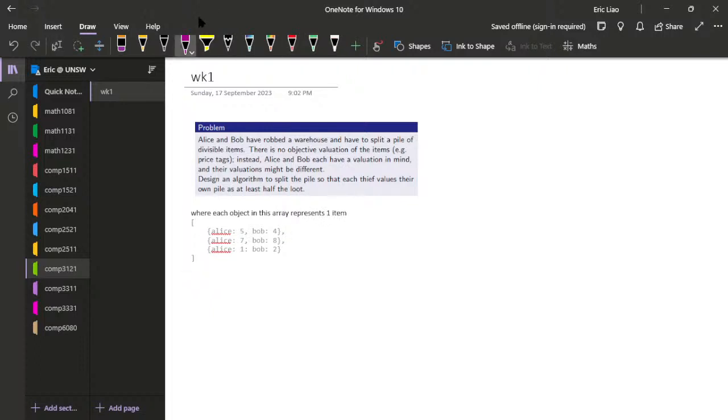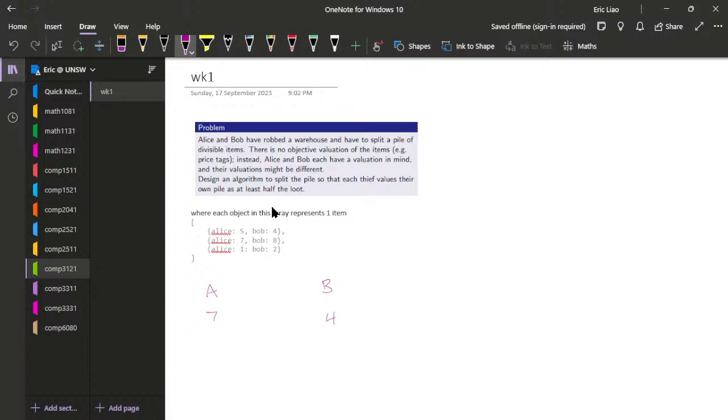So, Alice first chooses 7. Then Bob chooses the next most valuable item, 4.